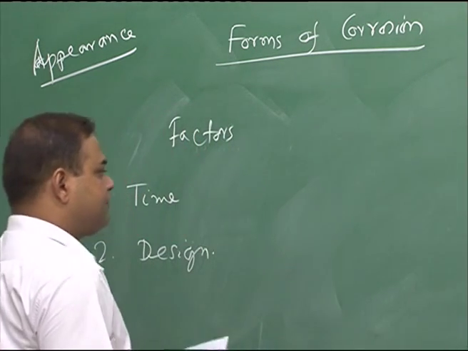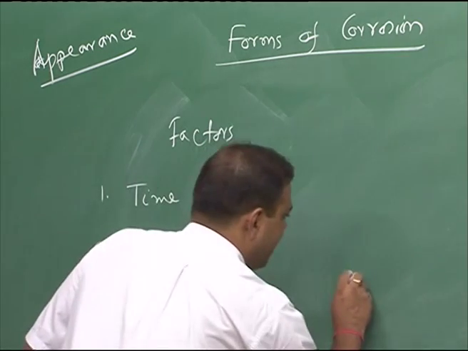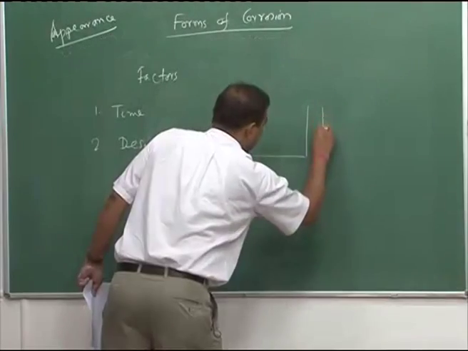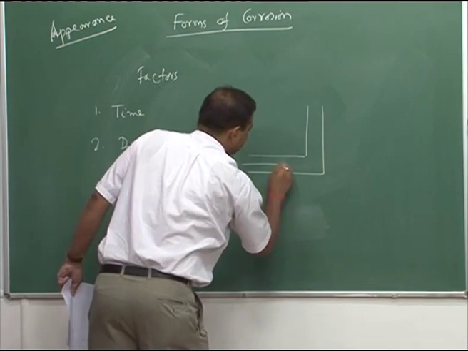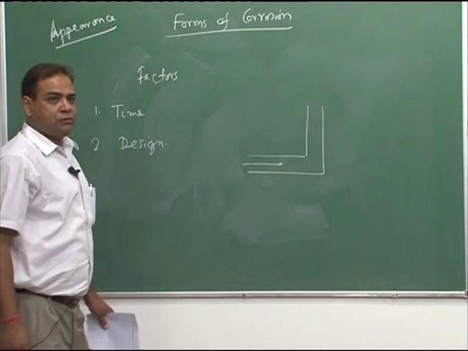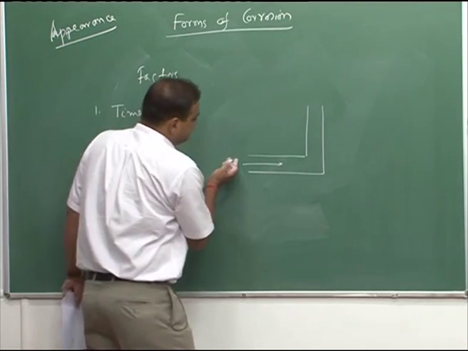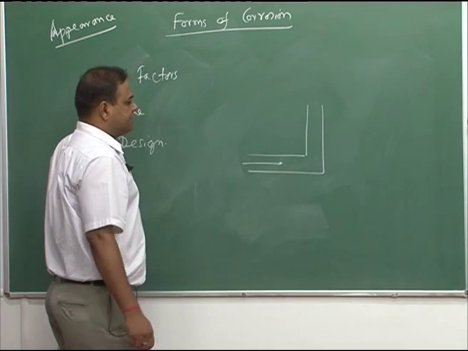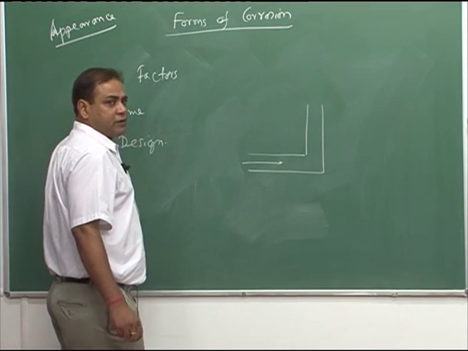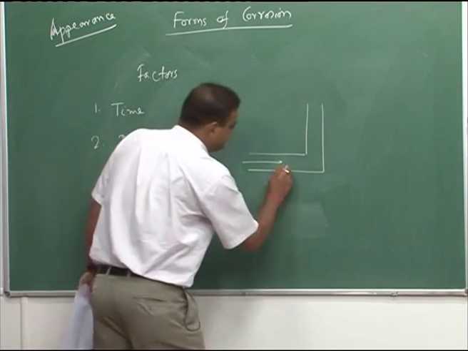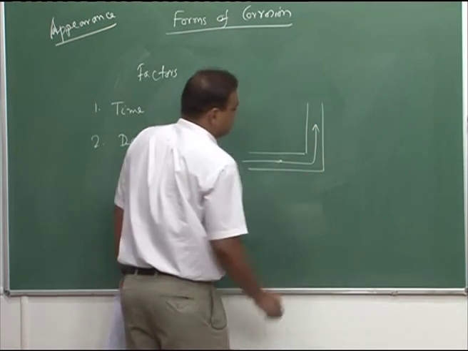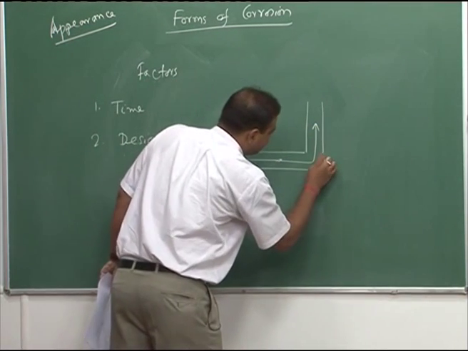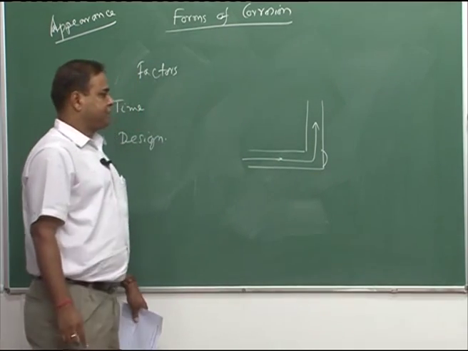For example, we have seen erosion corrosion. A liquid is flowing through the pipeline, and that liquid contains a lot of dirt particles, and when it goes like this, those dirt particles are impinging on the surface.